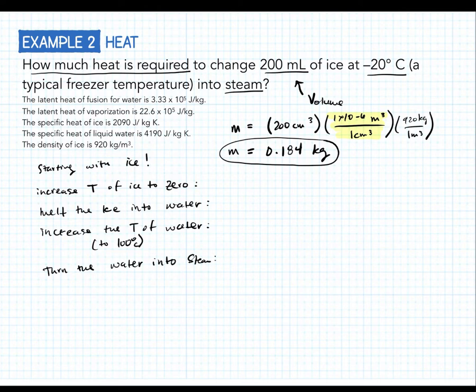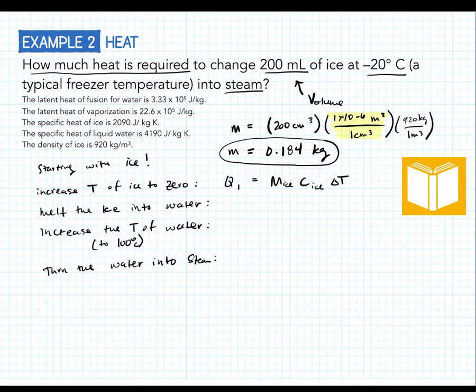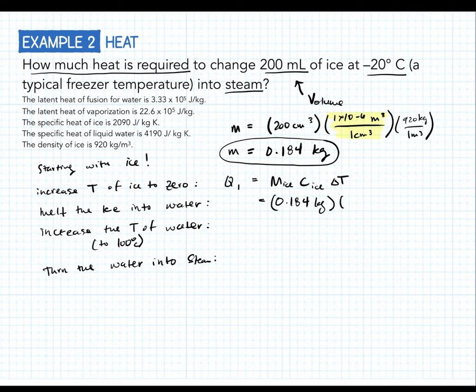So Q1 is M ice, C ice, delta T, okay, which is 0.184 kilograms. The specific heat of ice is 2090 joules per kilogram Kelvin.